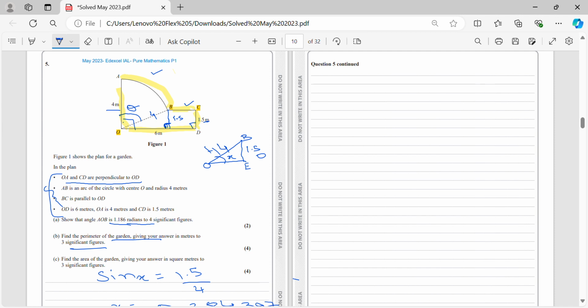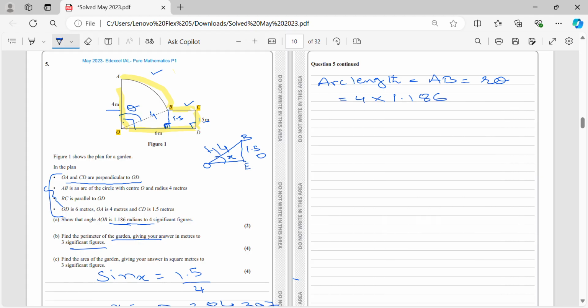So let's first find the arc length. Arc length AB is r theta, so the radius 4 times theta. Theta we just got, 1.186.